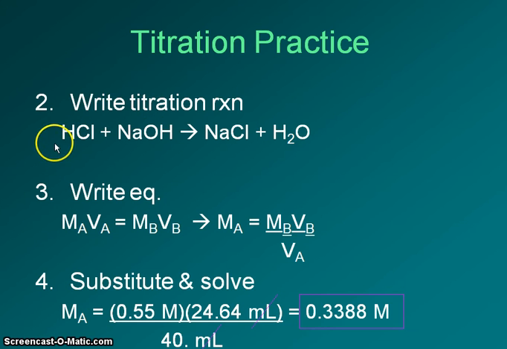Now, this is all a 1-to-1 ratio, it's balanced, so we don't have to do anything else with it. I'll show you one that is not a 1-to-1 ratio that you have to do an extra little step for. Then we're going to write out our M1V1 or MAVA equation, plug in our values and solve, and this will allow us to find the concentration of our unknown acid. In this case, it ends up being 0.3388 molar.